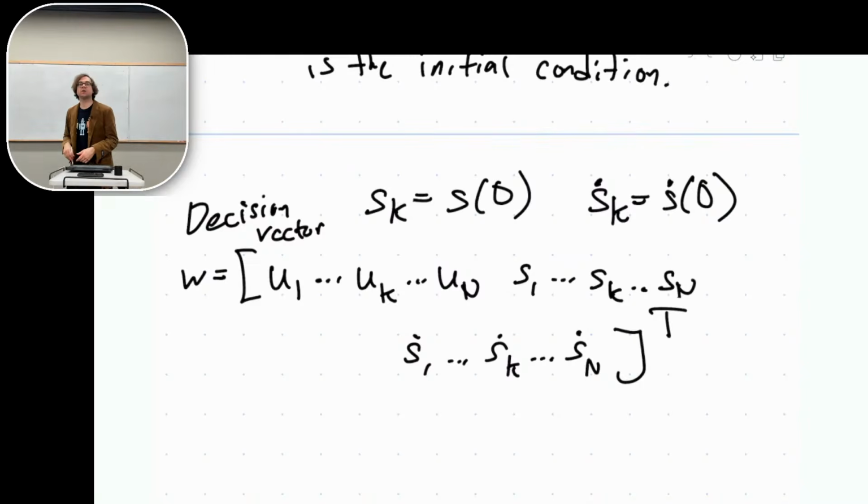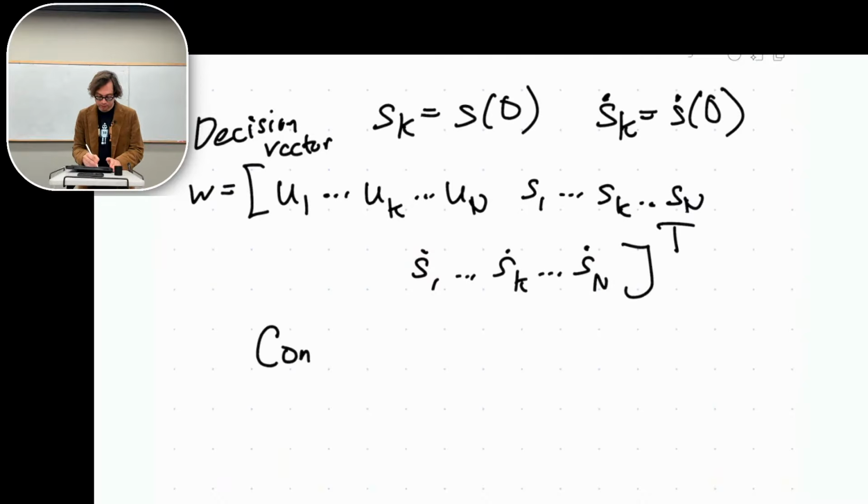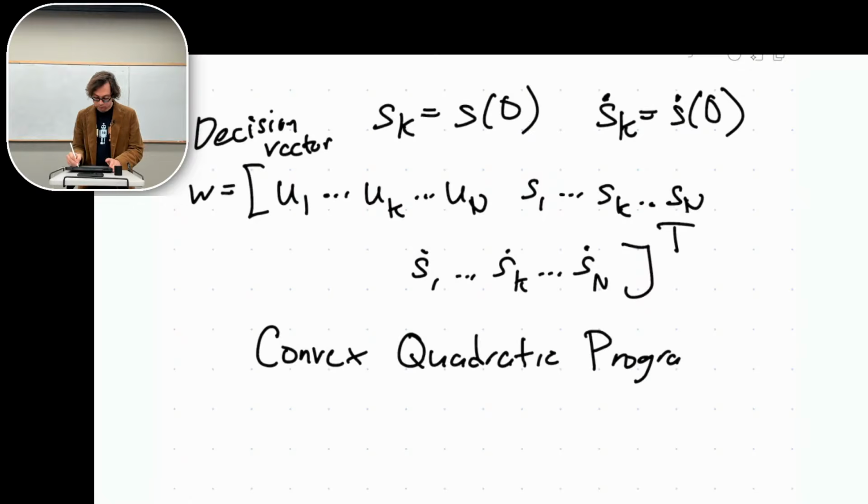All of our constraints are linear. Our cost is quadratic. And if we check the Hessian, it would also have positive eigenvalues. It's going to be convex. It's quadratic. It's fantastic. We have a quadratic program. This is a convex quadratic program, or QP.